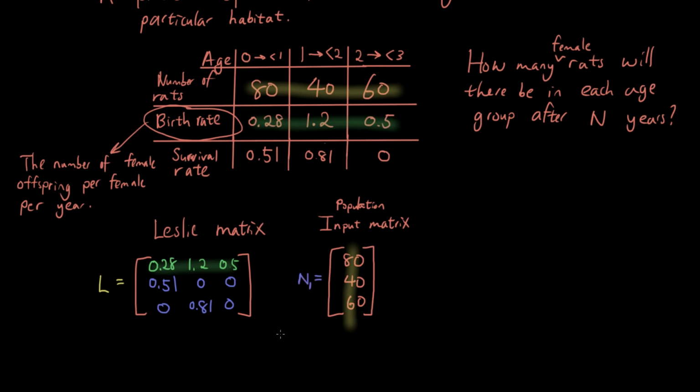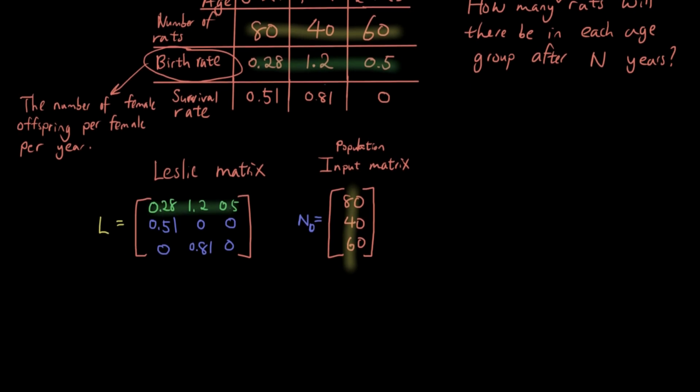Actually, I'm going to label it as N0, because technically the number of years right now is 0 because we haven't started growing it yet. So let's talk about how to get N1.